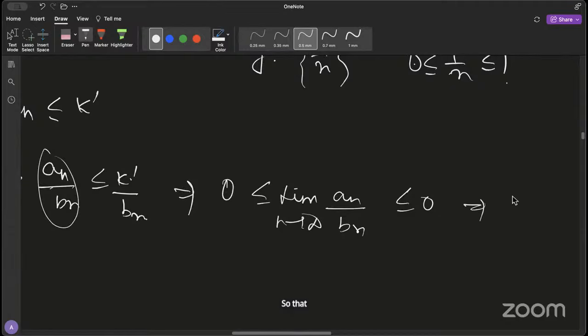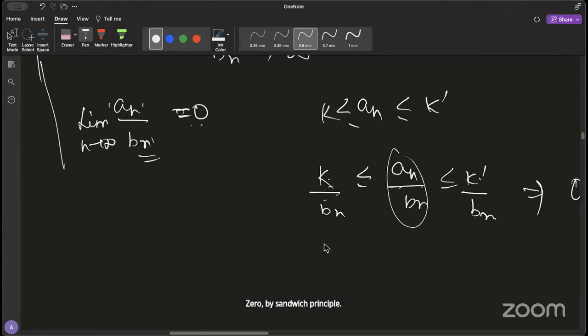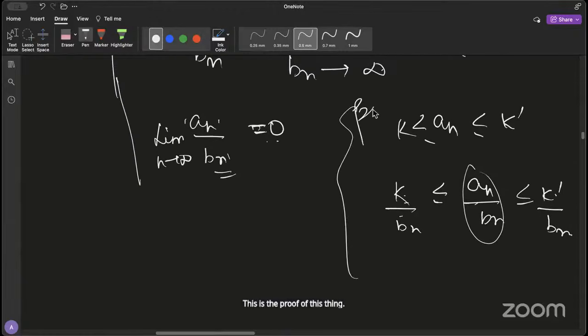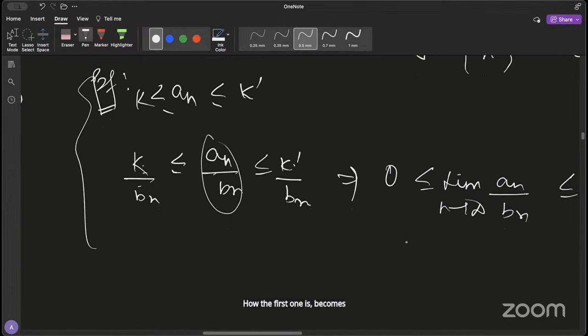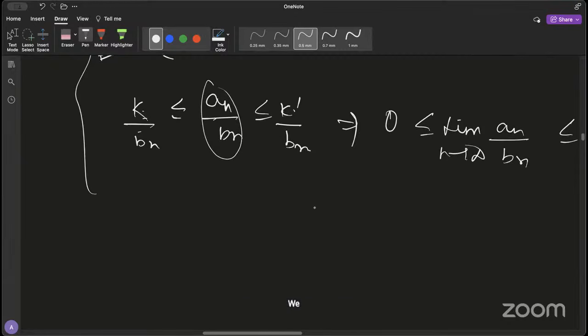So that means your limit of an by Bn is also 0 by the sandwich principle. This is the proof of this thing. The limit of this is 0. We have taken limit on all three of them.